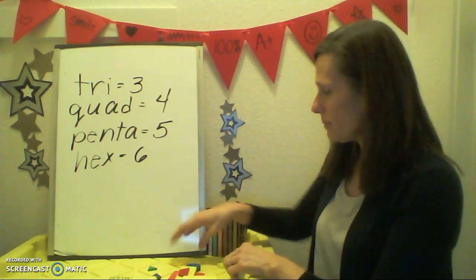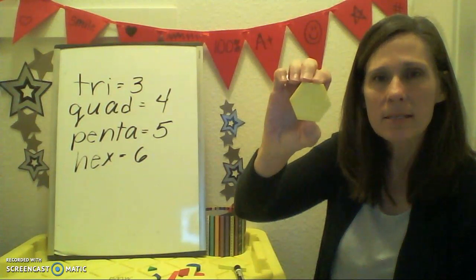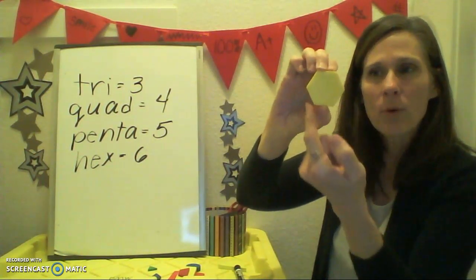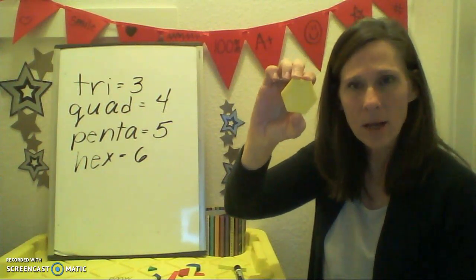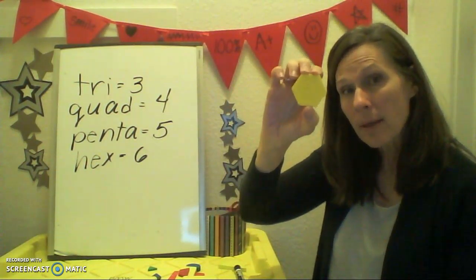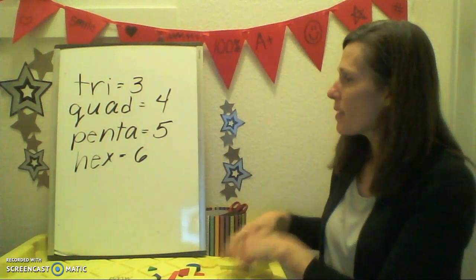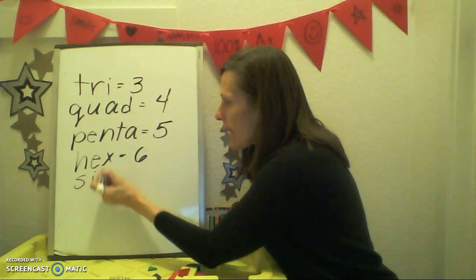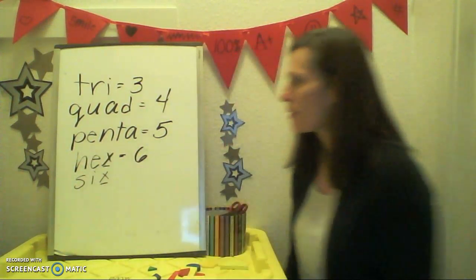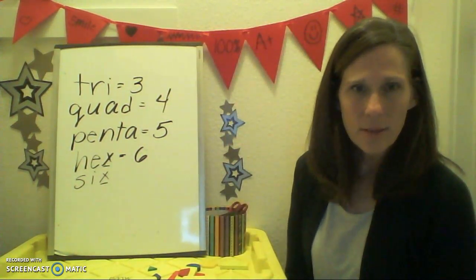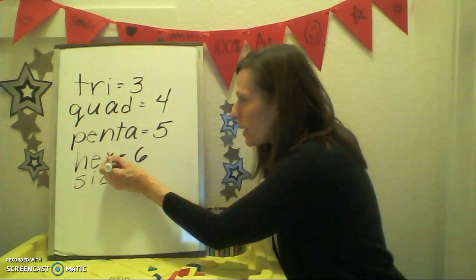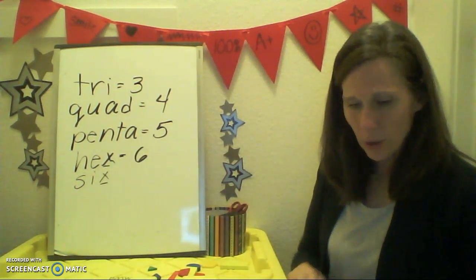A hexagon would be a shape like this, with six angles, 1, 2, 3, 4, 5, 6, and six sides on it. A little trick that might help you remember hexagon is that the word six, S-I-X, has an X as the third letter, and so does hexagon.